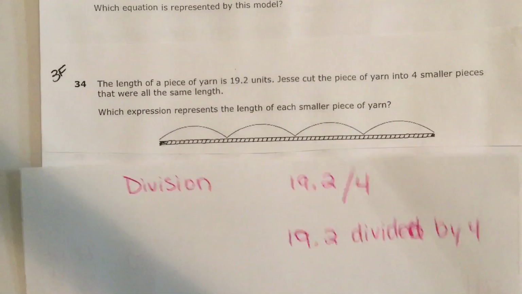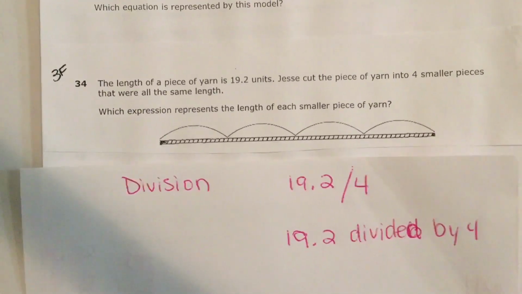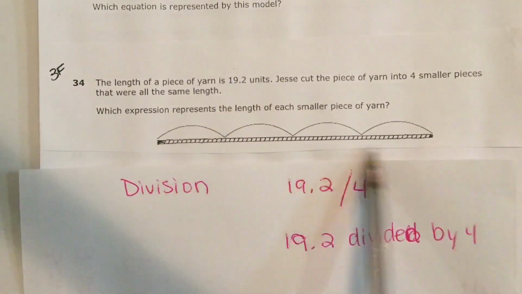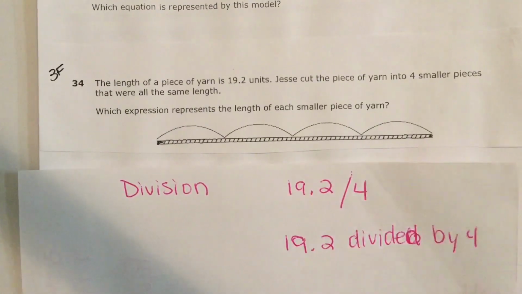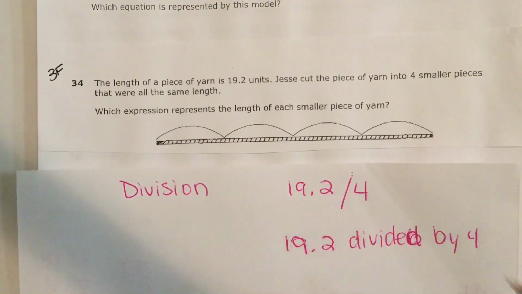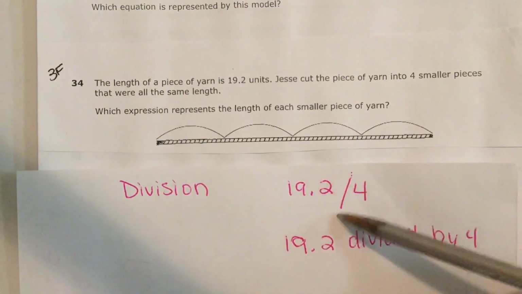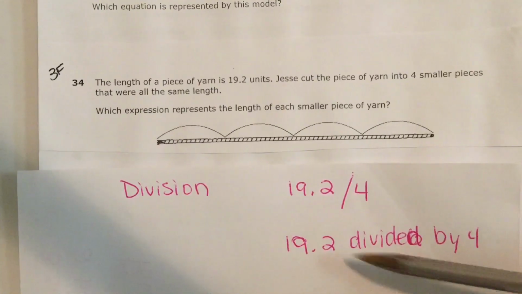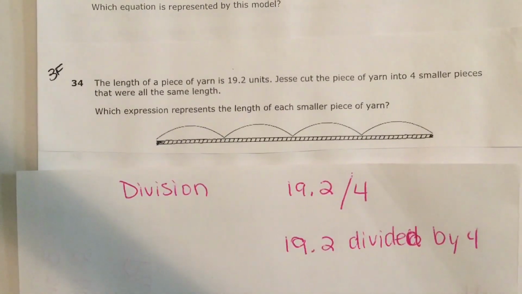Either way, I would accept both because you're taking the 19 2/10 and you're cutting it into 4 pieces. So this is a division or fraction bar, which means divide. So 19 2/10 divided by 4. You could have used words.